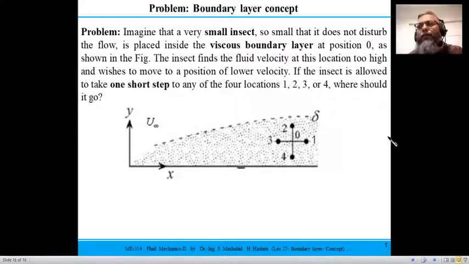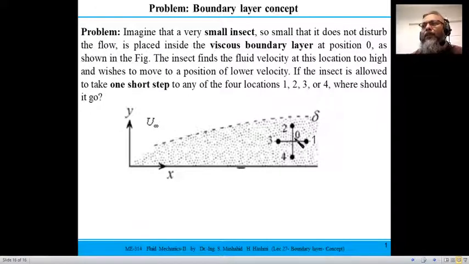Okay, a very small problem. Let's say you have a small insect that is placed at point 0 here, which is inside the boundary layer, as shown in this figure. The insect finds that the velocity at that location is too high.